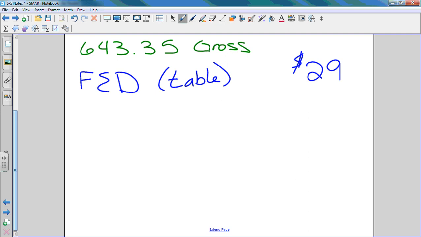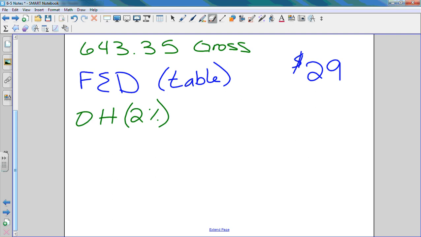Now, after federal, usually state comes out. Sometimes on your pay stub it'll actually have the state initials. Our state is Ohio, so we'll say OH. That means it's going to the Ohio government. Usually it's a percentage. I'm not sure what it is for Ohio, I should look it up, so I'll just say 2%.